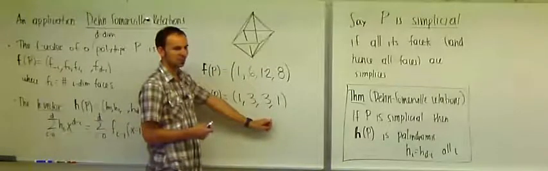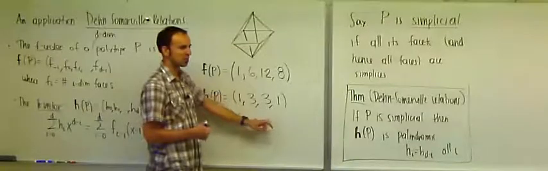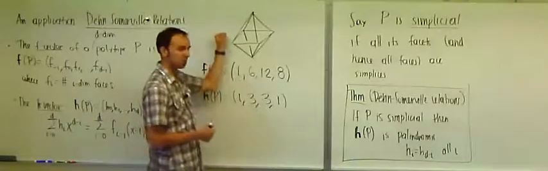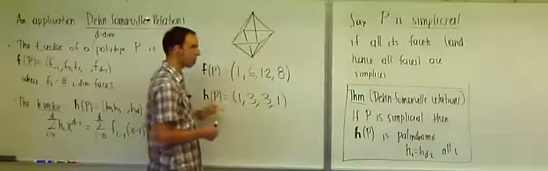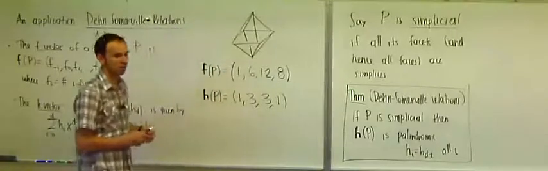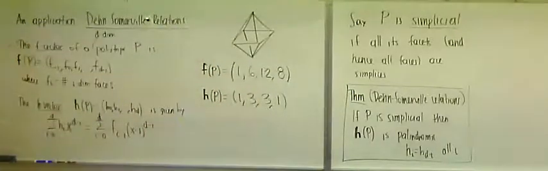That's a nice question for the forum. Can you think of a polytope to feed this into, so that the h vector is the nth row of Pascal's triangle? It can be done. So which polytope is that? I mean, it's not obvious that it can be done, but I know that polytope. So you should try to find it.